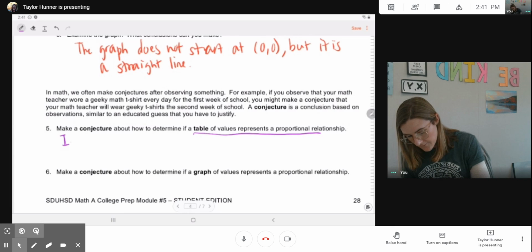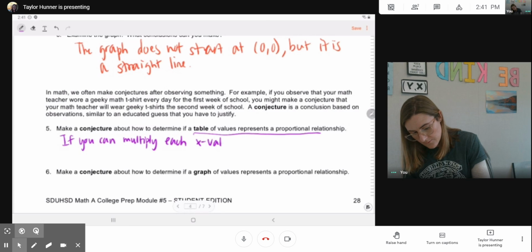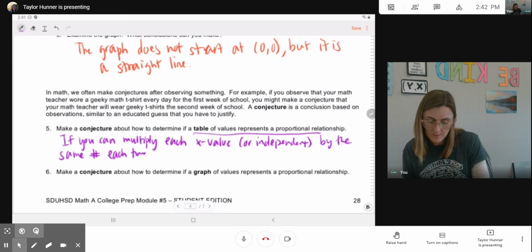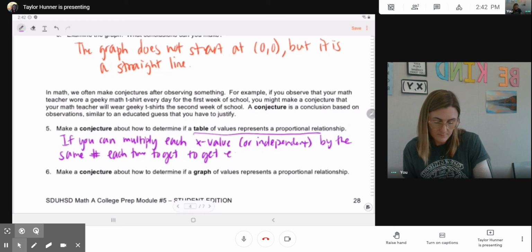So if you can multiply each x value or independent value by the same number each time to get each y value, it is proportional.